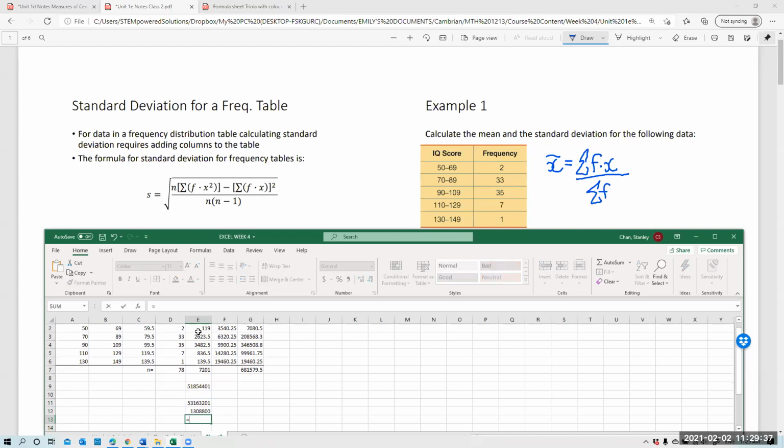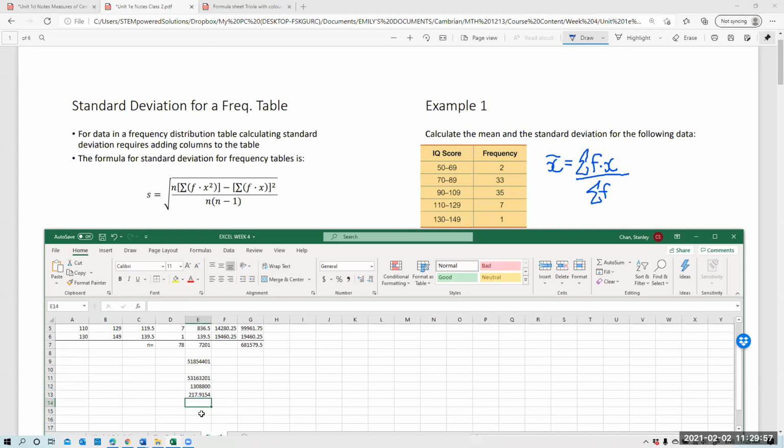So I'm going to have this value right here, approximately 1 million, divided by, and then I'm going to close my bracket and say 78 times, and then n minus 1 is 77, close bracket, and that's 217. So what I can now do is say square root, because that's the very last step, is to find the square root of it.